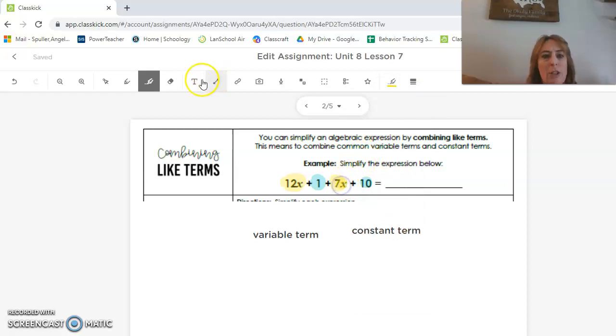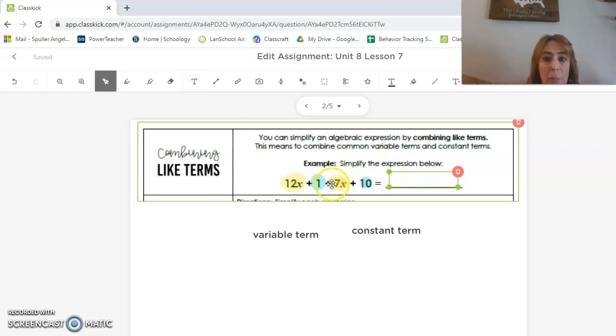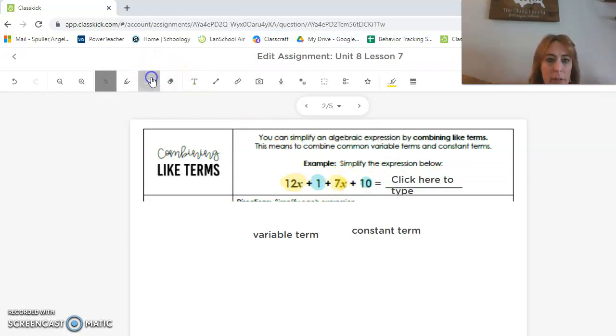So to do that, notice that they're adding everything. To simplify this, I can say 12x plus, that plus sign right here goes with that 7x. So 12x plus 7x equals 19x, 19 times a number.